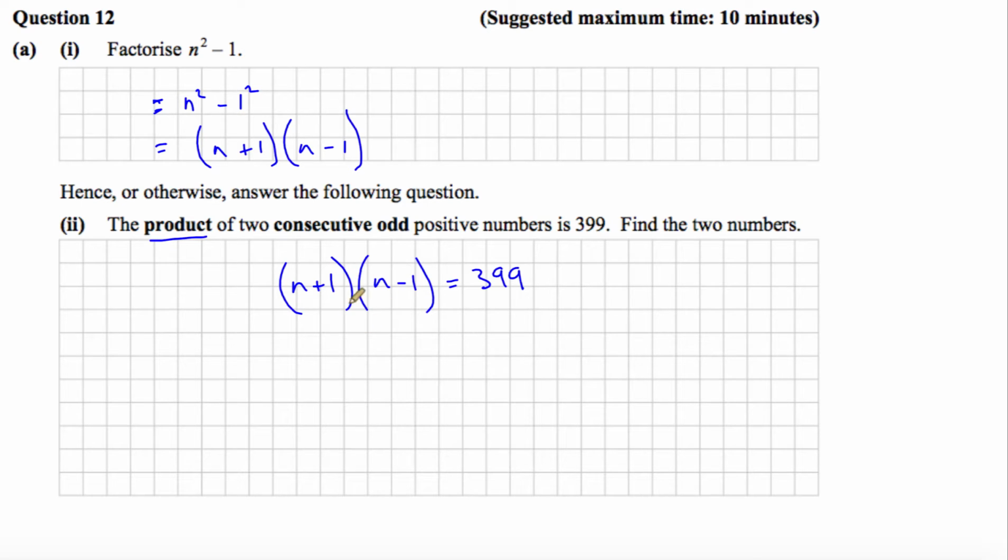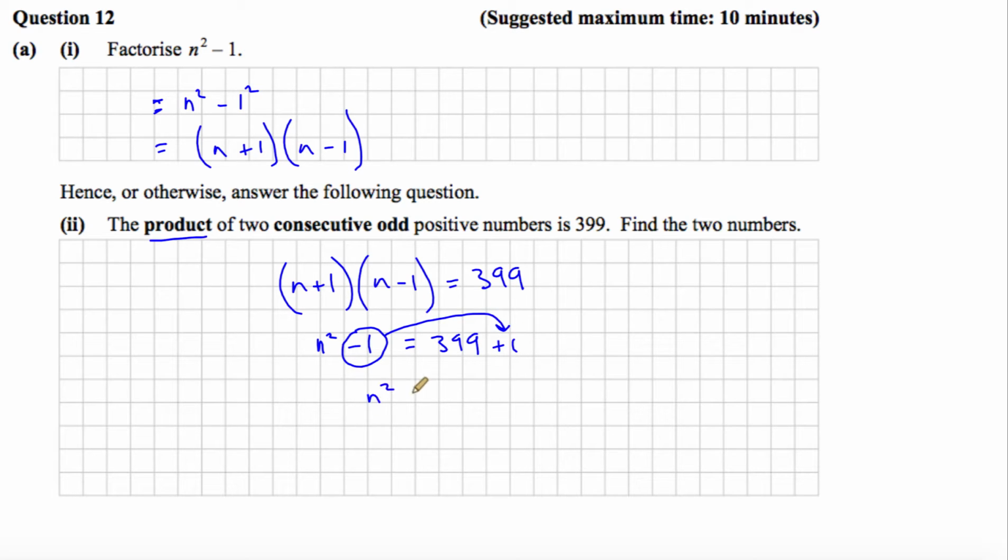So first of all, if we can find n, well then we'll be able to find n plus 1 or n minus 1. Okay, now n plus 1 bracket n minus 1, if we do this top part in reverse now, we know that's equal to just n squared minus 1. And if that's equal to 399, we can then bring this minus 1 over here, becomes positive.